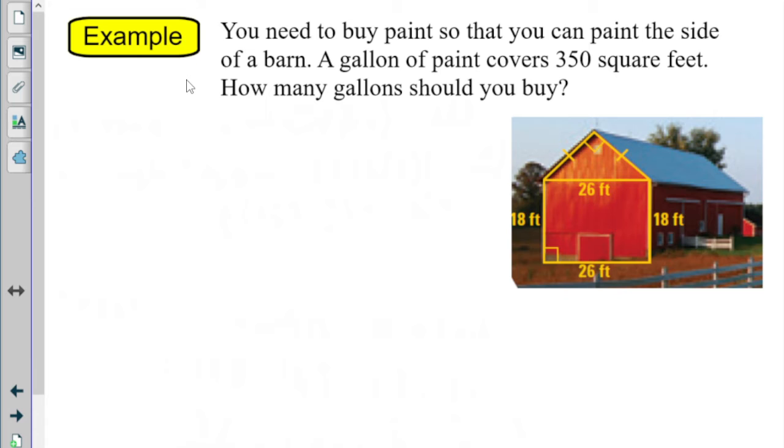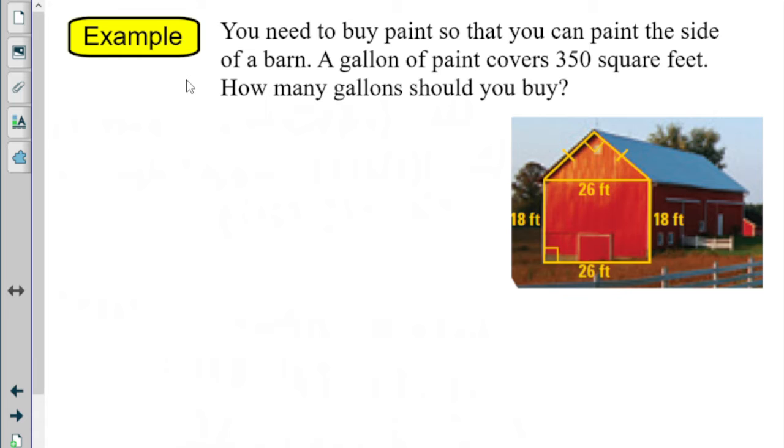So you'll notice that we have two different shapes happening here, because this is not just one specific shape. This is two shapes kind of layered on top of each other. We have a rectangle down here, and then we have a triangle up here on top of the rectangle.